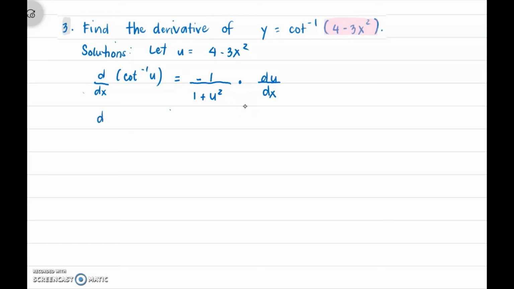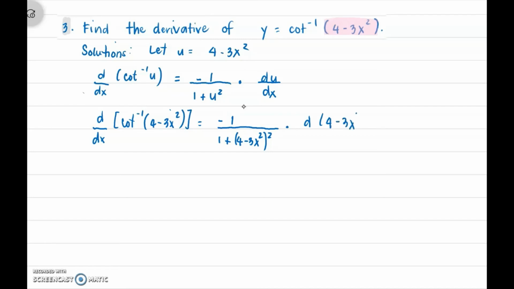So we have the derivative of arc cotangent 4 minus 3x squared is equal to negative 1 over 1 plus our u, which is 4 minus 3x squared, squared, times the derivative of our u, which is 4 minus 3x squared, with respect to x.